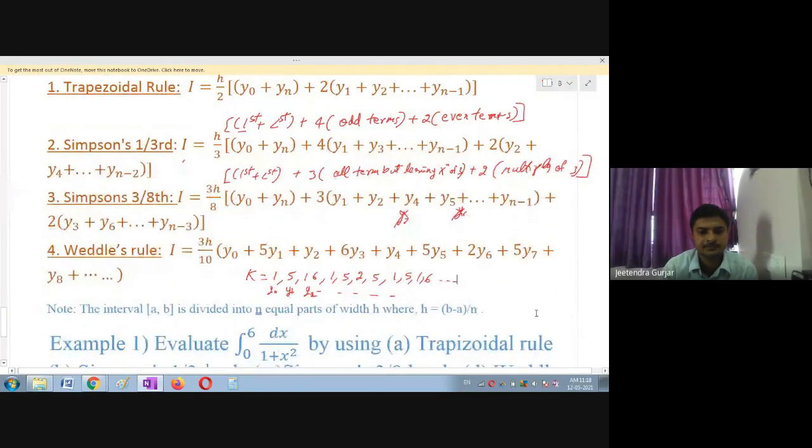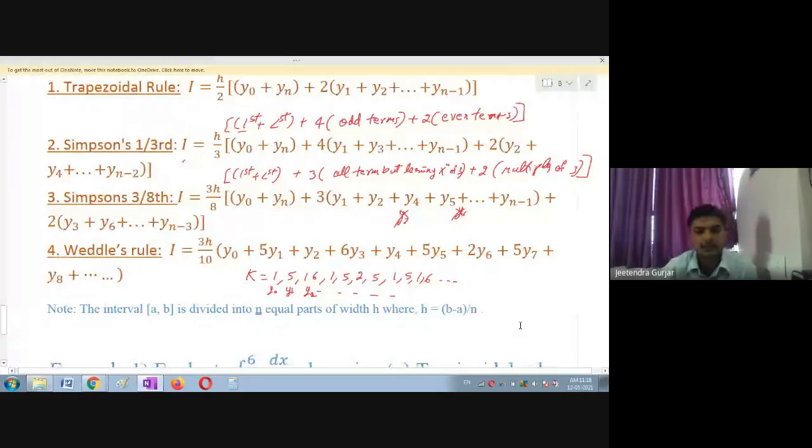Okay, next. In the example, students, they will not give the interval. So this is the formula I'm going to use to find the interval. The interval is given as AB. So AB interval is the integration with lower limit a, upper limit b. That is the area you are going to calculate under the strips. It is divided into n equal parts by width h.